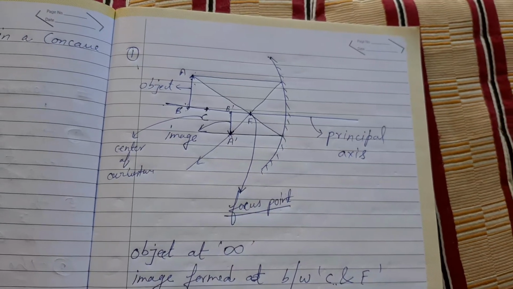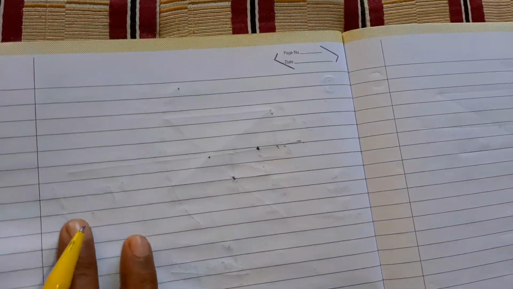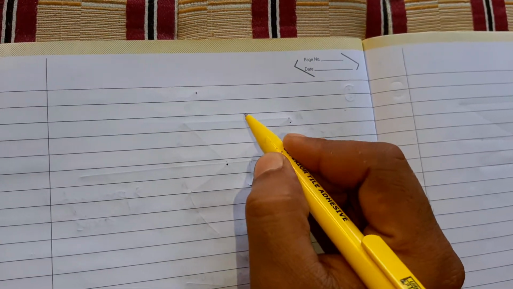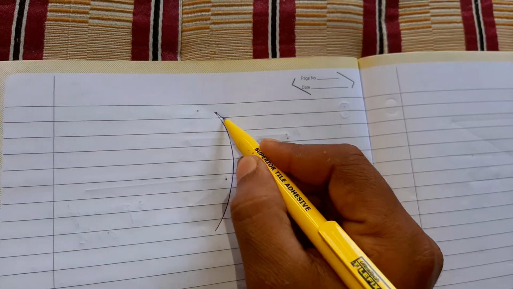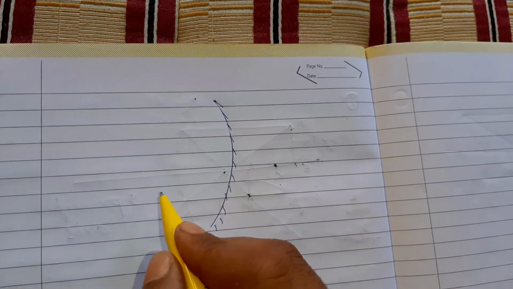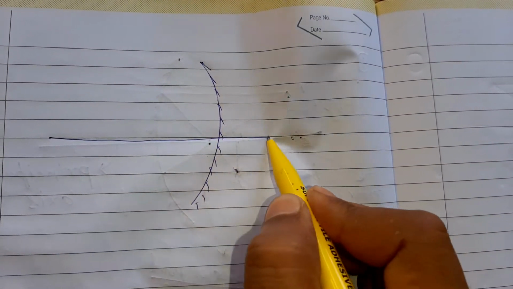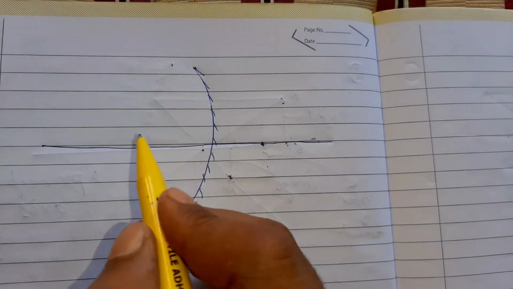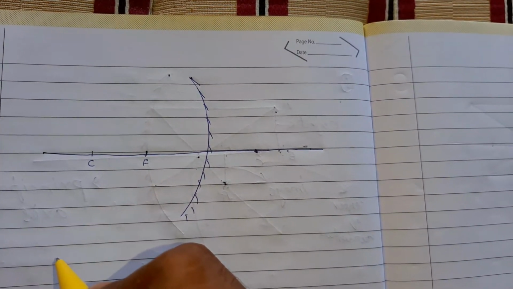Today's class I will explain another formation of image by a concave mirror. So I will make a concave mirror with backside coating, and make a principal axis. Here is the focus and here is the center of curvature.